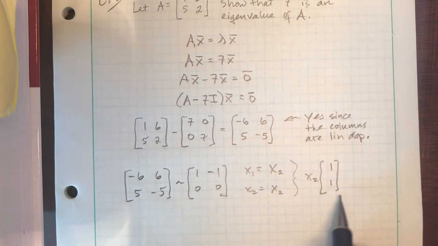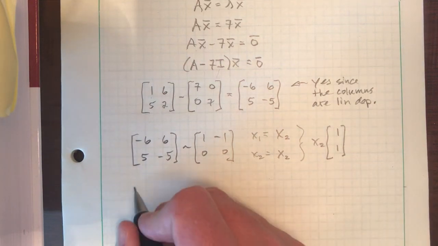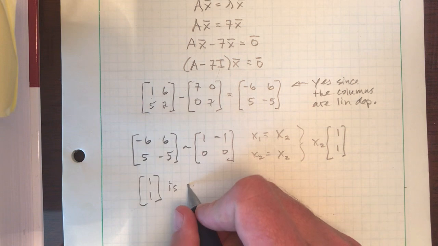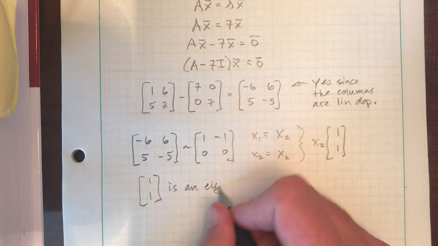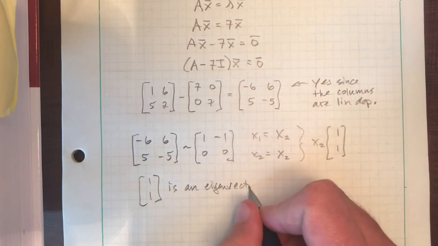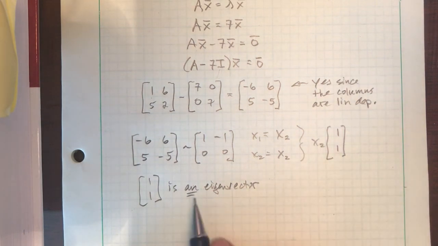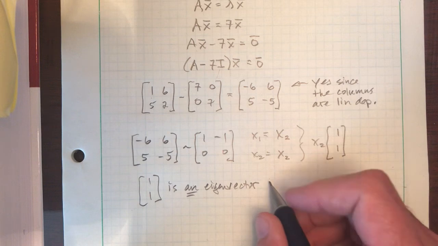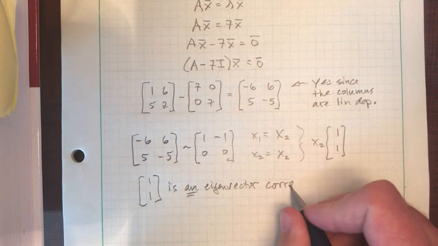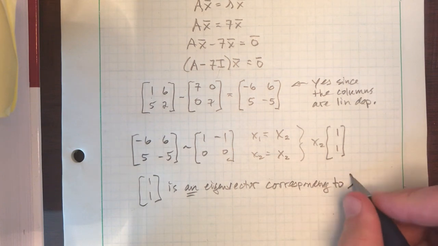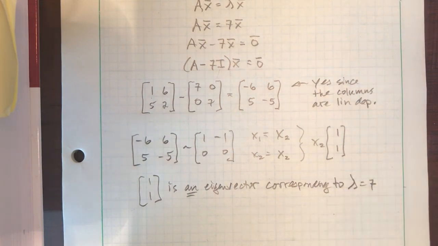So let me just say that 1, 1 is an eigenvector, and again, that qualifier is an eigenvector, not the eigenvector, corresponding to the eigenvalue 7.